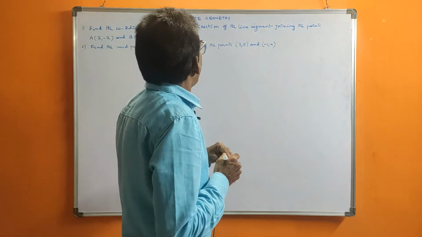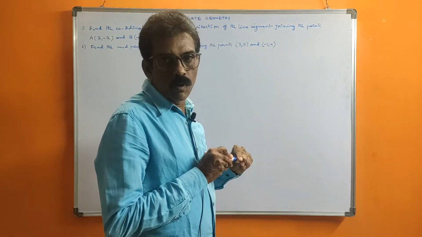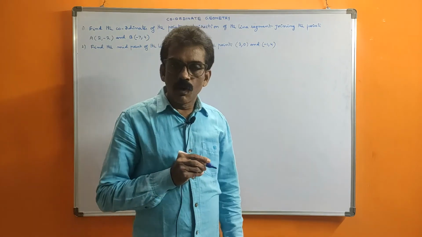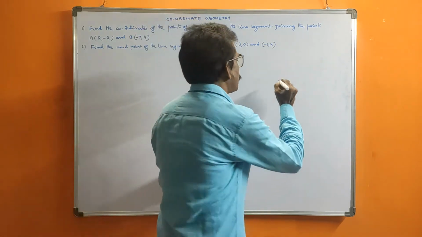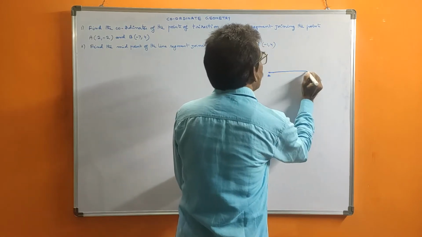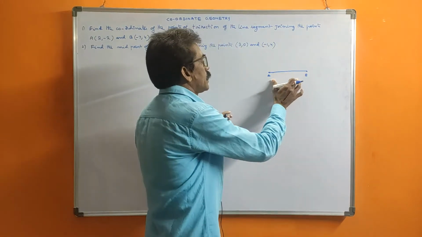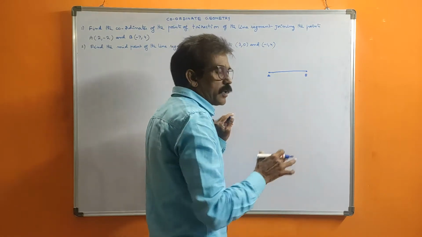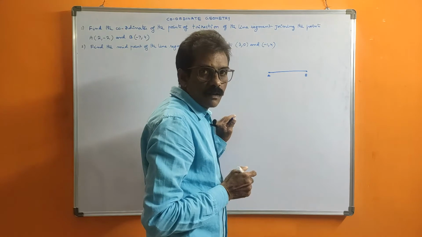First, we should know what is meant by points of trisection. Suppose there is a line segment joining point A and point B. When you join these points, it is called a line segment.